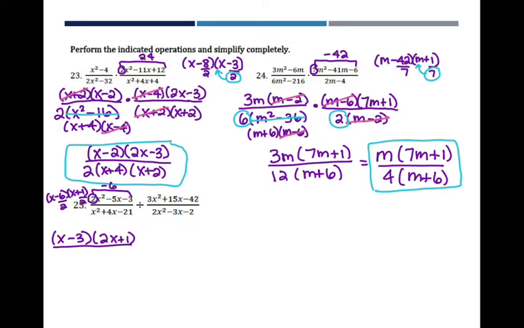And then for this denominator, two numbers that multiply to -21 and add to 4 are 7 and -3. I'm still going to keep this as division for now. For my other fractions, let's see, in this numerator, I notice I can actually take out this 3 as a GCF. So let's go ahead and do that and see where that leaves us.